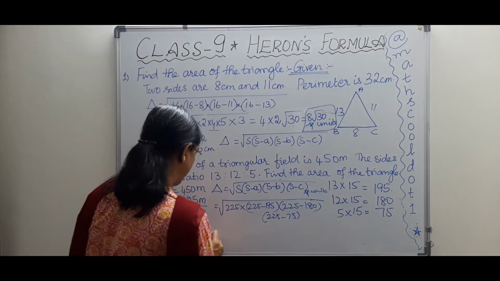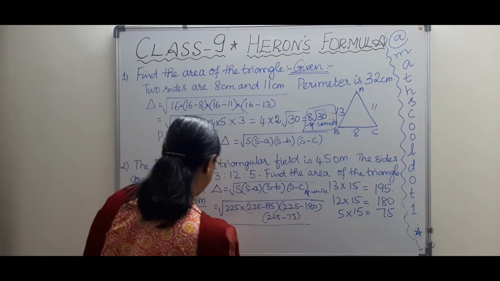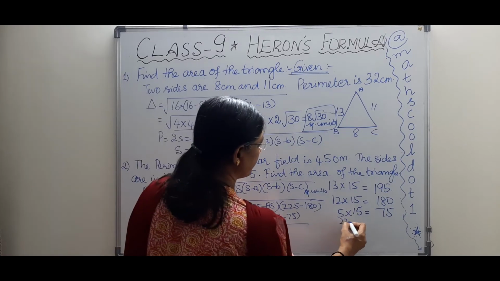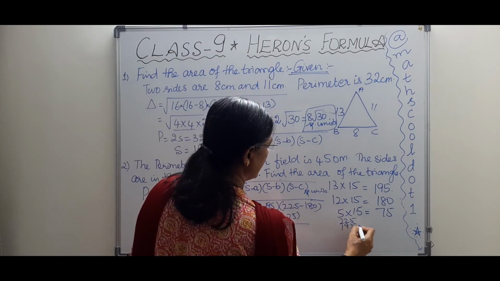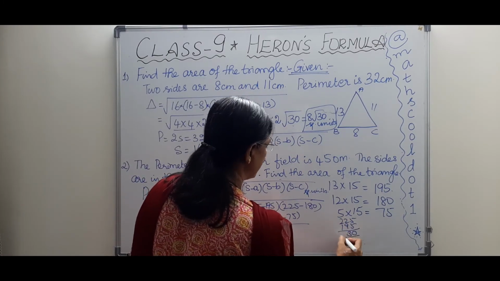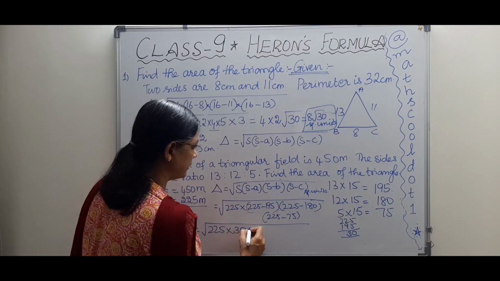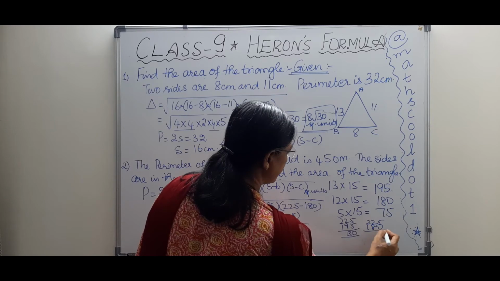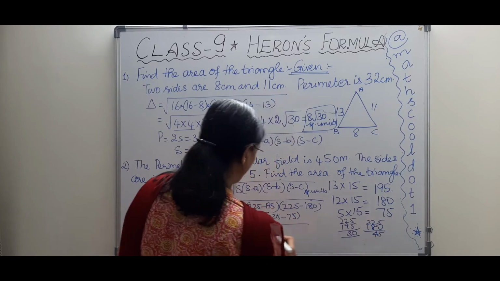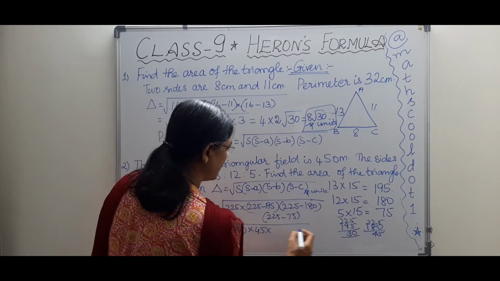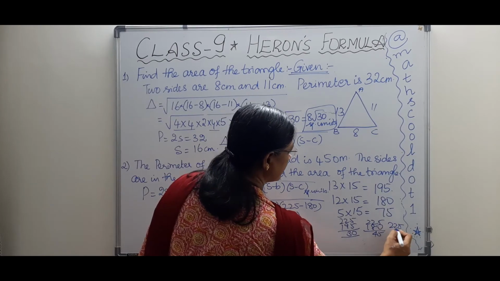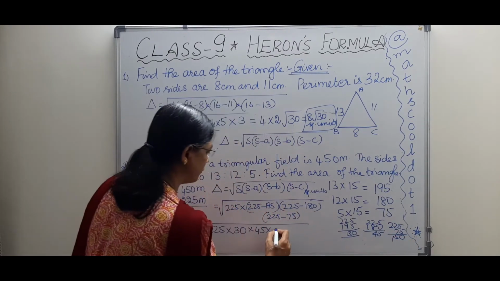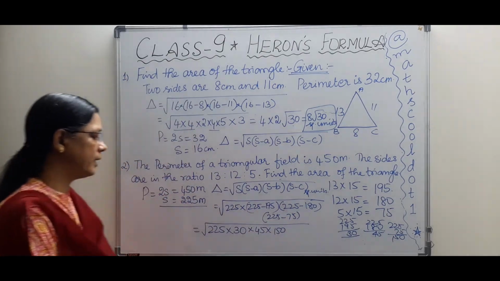Let us have 225 as it is. 225 minus 195 is 30. So write 30 here. 225 minus 180 will give you 45, and 225 minus 75 will give you 150. Okay, so we have done till this.